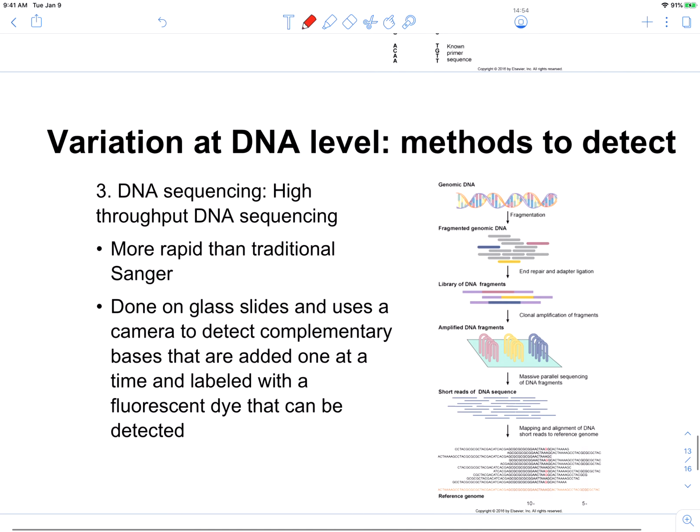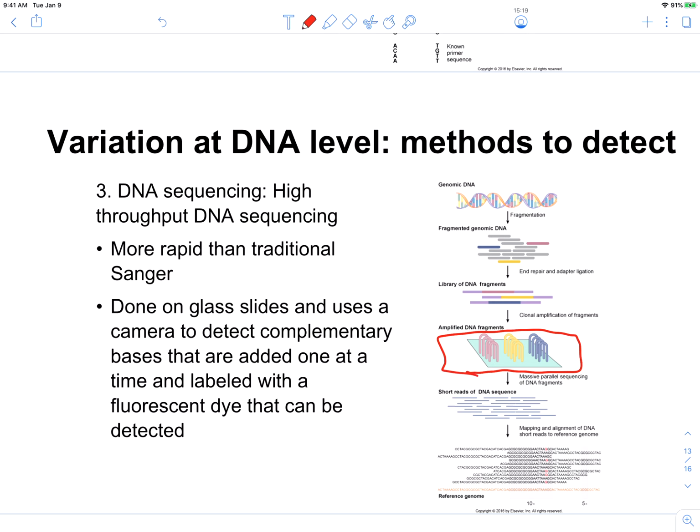We have what's called high throughput DNA sequencing, which is more rapid than the traditional. This is going to be done on a glass slide. Whereas in the Sanger method you would do it one at a time, the glass slide allows you to amplify your DNA fragment that you want to sequence, put it on the glass slide, and then add all the bases at one time, and they can all be labeled.